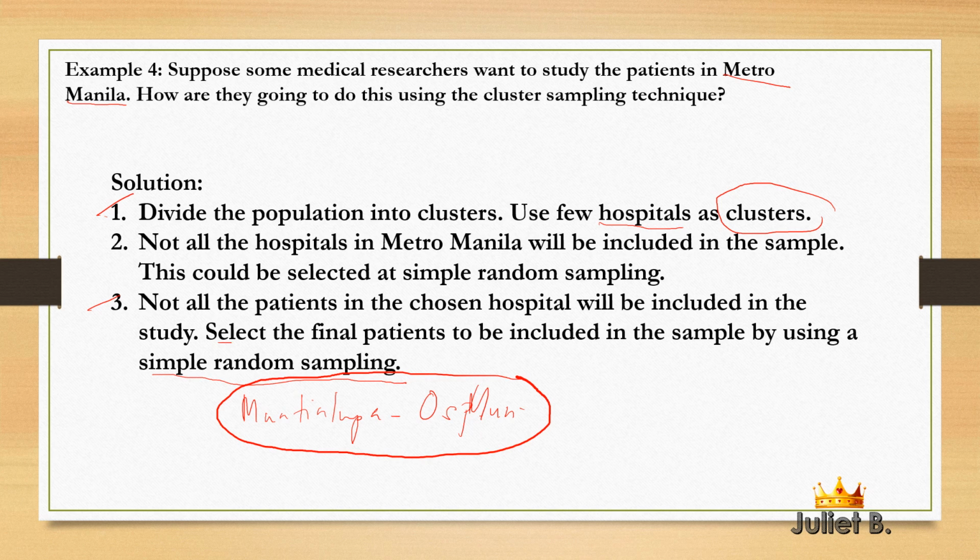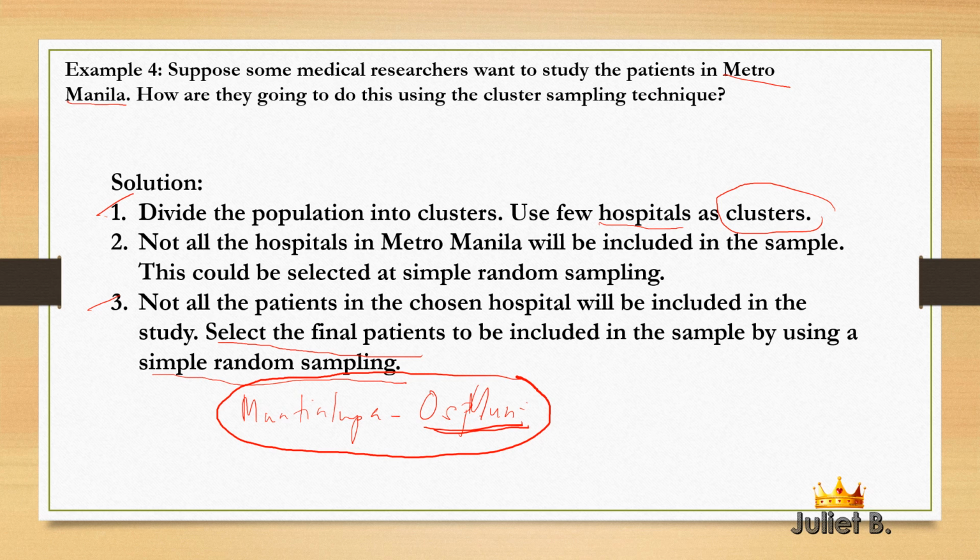Pipili pa rin. Select the final patient to be included in the sample by using simple random sampling. So, i-identify mo naman ngayon ang mga pasyente ng Osmon. Tapos, mula doon sa lahat ng pasyente ng Osmon, magdodraw ka ulit para piliin ang magiging sample mo.